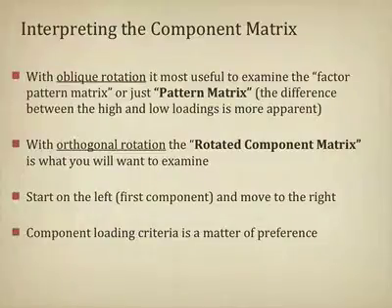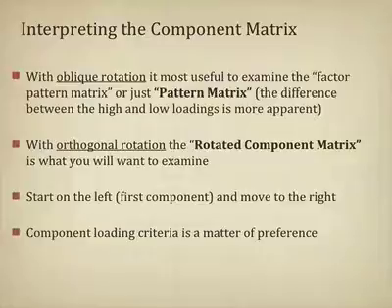So now we need to interpret our solution with oblique rotation, which is the type of rotation where we're saying that the components are correlated. It is most useful to examine the factor pattern matrix, or just pattern matrix, I think is how SPSS refers to it.